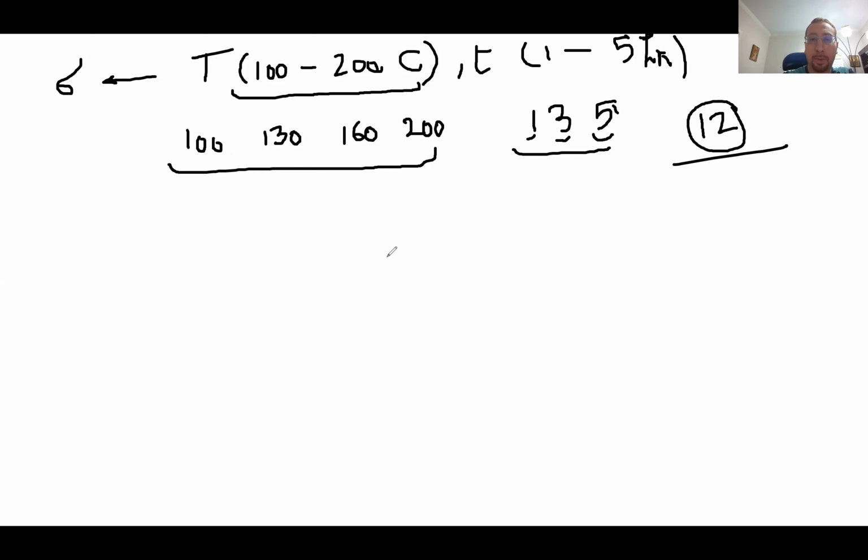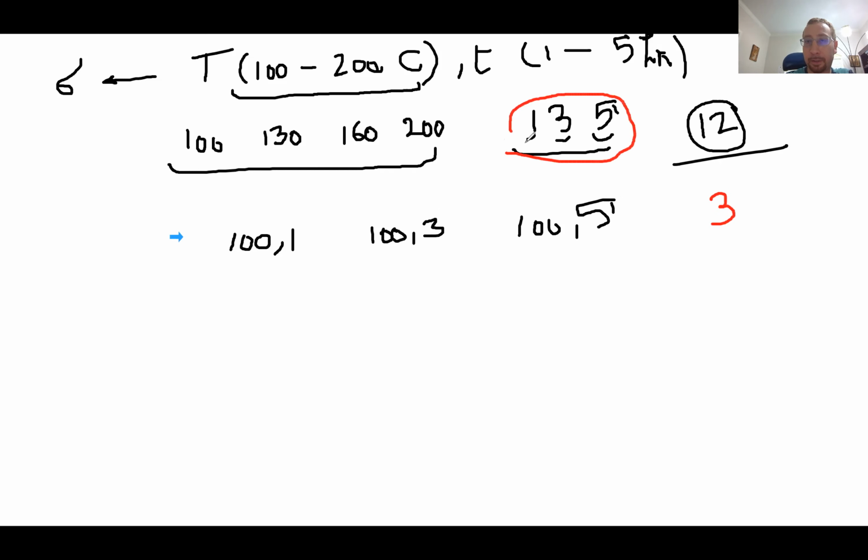But when we talk about simple design of experiments, one at a time, what one may do is say, you know what I'm going to do? I am going to consider first 3 different cases: 100 degrees and 1 hour, then 100 degrees and 3 hours, then 100 degrees and 5 hours. So in this first row of experiments, the number of experiments is just 3, because I have 3 different times.